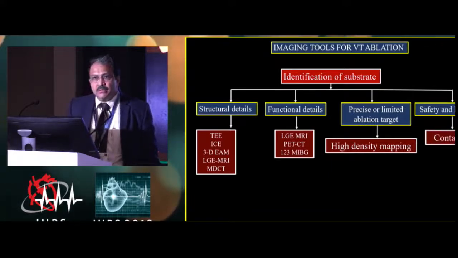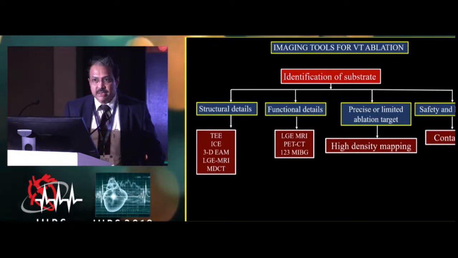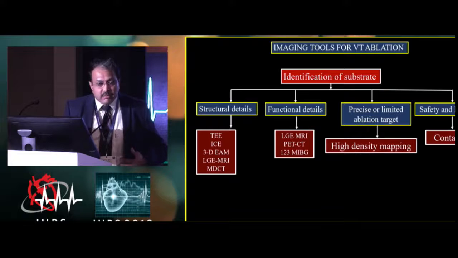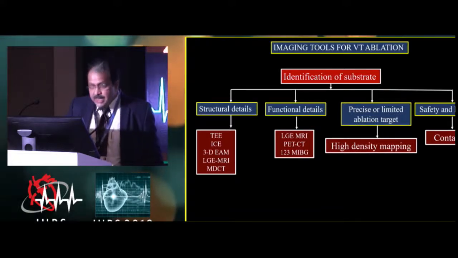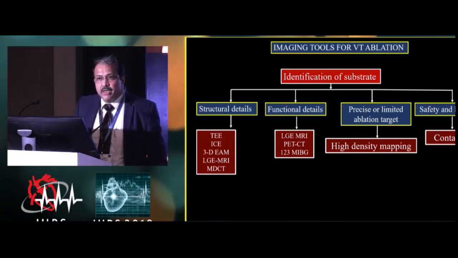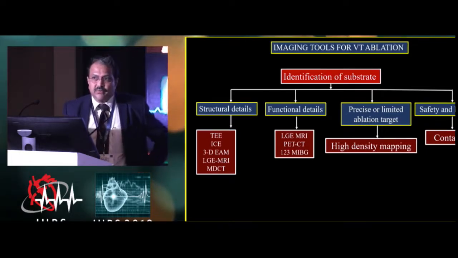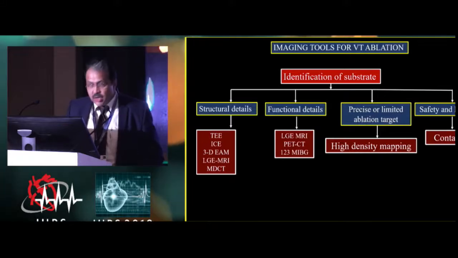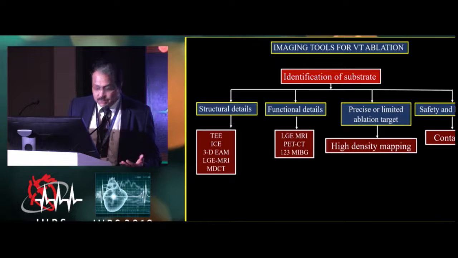And the catheters are designed in such a way that we can visualize them in real time, the force with which they contact the surface, and we are quite confident that we are not actually causing injury or perforation. So I think it is quite imperative, if you have taken a patient of VT, especially a scar or structural heart disease associated VT, we should be having the information from as many imaging modalities as possible.